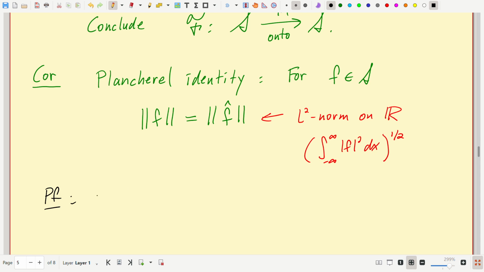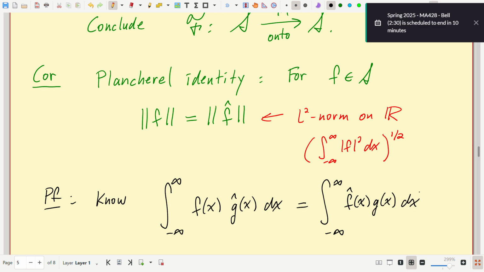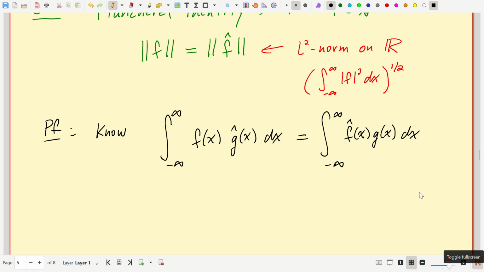I know the integral from minus infinity to infinity of f of x times g hat of x dx is equal to the same thing with the hats moved to the other function. Okay, so let's see. What if I want... I'm thinking out loud now.